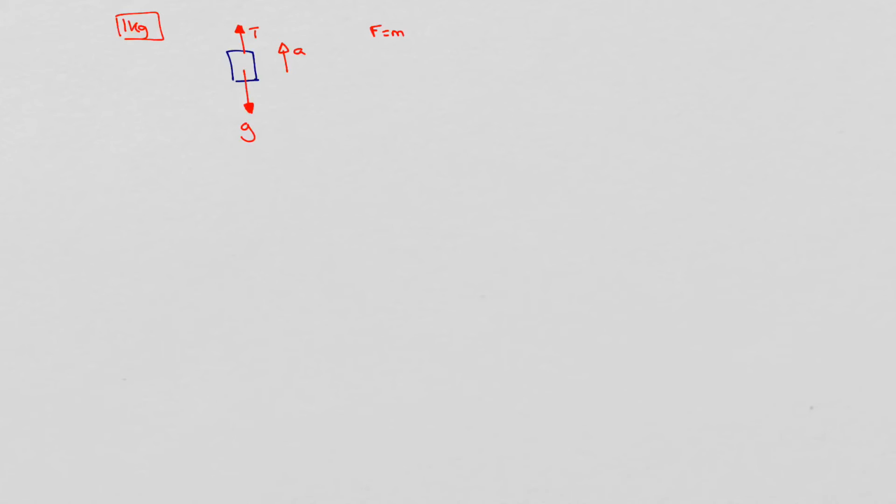So again, the net forces in the vertical direction can be found by getting the difference between the tension and the weight. And that net force will be equal to mass times acceleration, where the weight is g, the mass is 1, and the acceleration is a. So I can say that the tension is equal to the acceleration plus gravity. So this is my second equation.